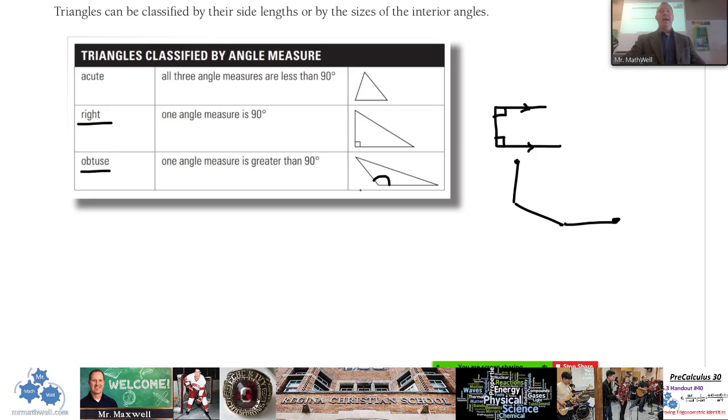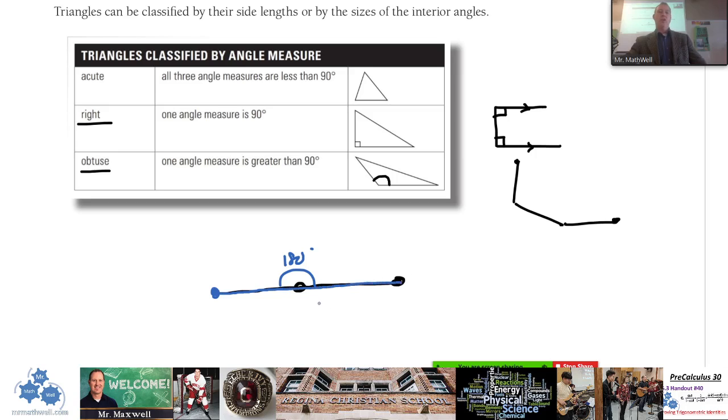And it also has to be less than 180, because if you had a 180 degree angle, then look at the third side here. If this is 180, the third side is going to be right along this line, and that's not much of a triangle. That's still just a straight line.